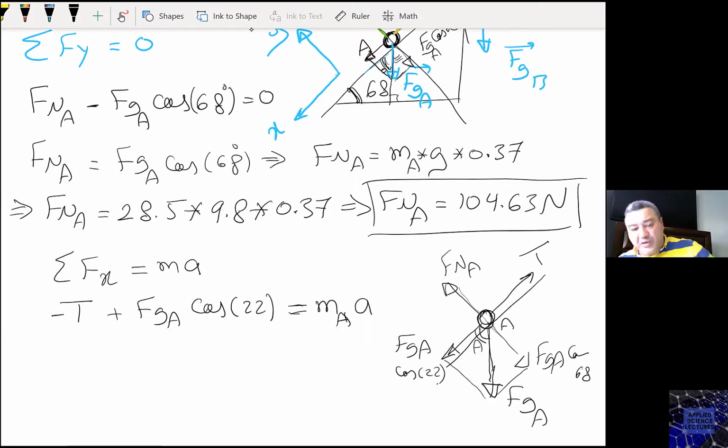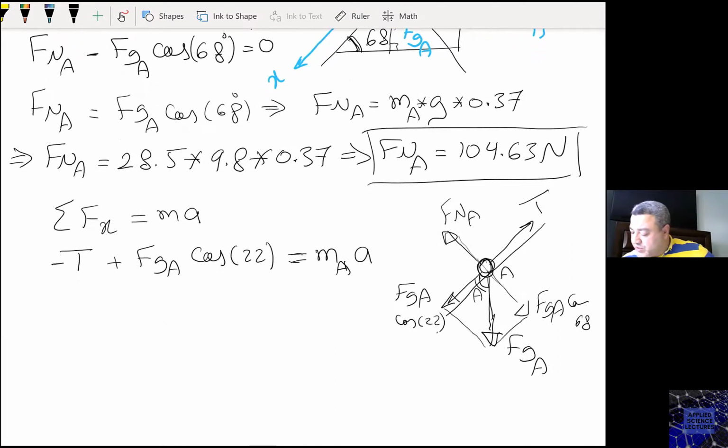So this is the first equation for box A. And again, by defining the tension in the rope here, we can write Newton's equation for box A by itself, because now the tension force here will be basically the representation for the second box. So this is my first equation.